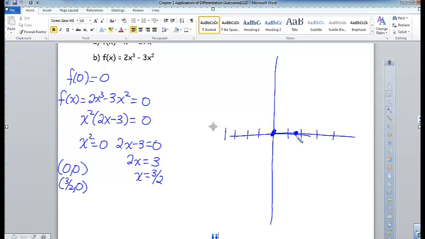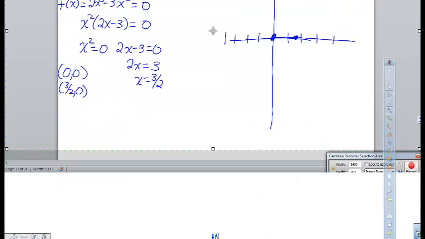All right, now let's see if we can find those critical values. We're going to look at the derivative. And the derivative is 6x squared minus 6x. Very good. If we set this equal to 0, we can factor out 6x. We're left with x minus 1.